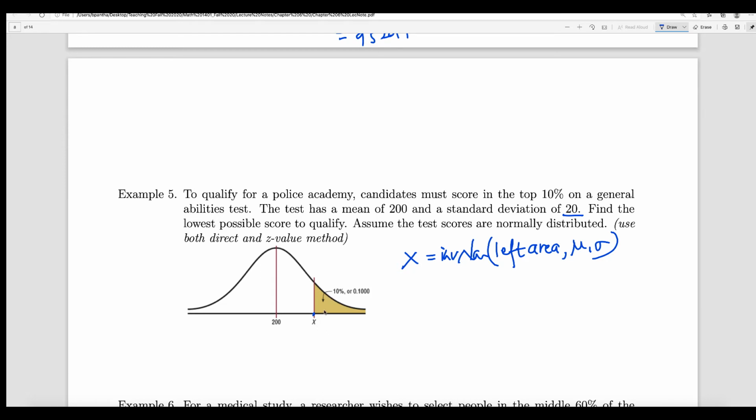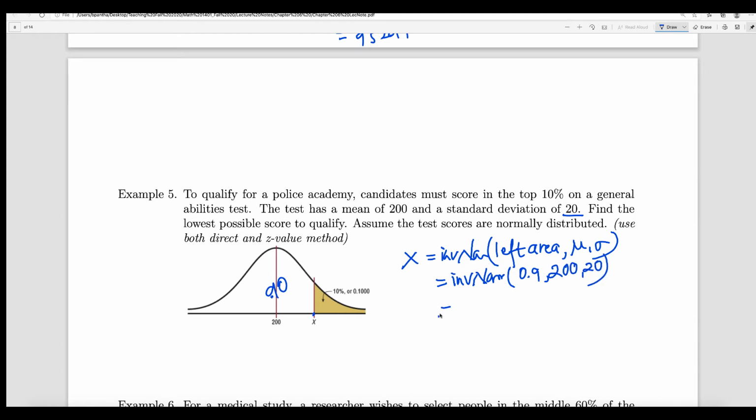But if you are using the lower version, then you will have to find the left area. Since the right area is 10%, the left area will be 90%, right? That area is 0.90. To find X, you need the area left of X. So inverse norm, left area is 0.9, mean is 200, sigma is 20.